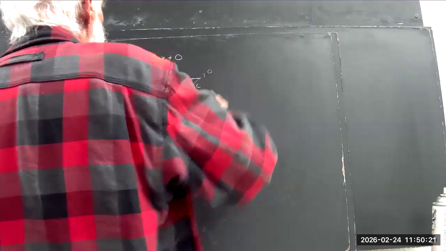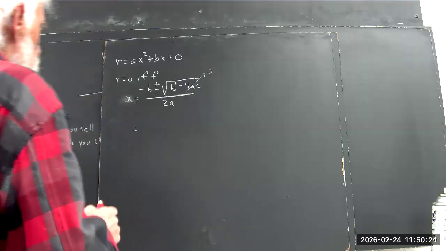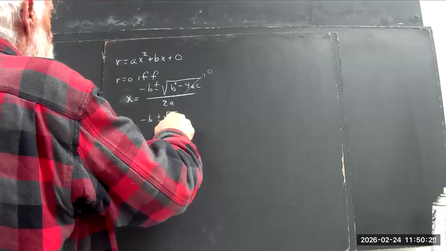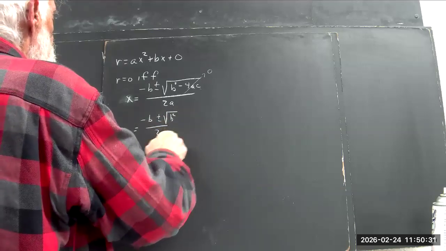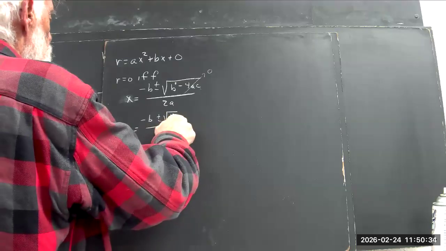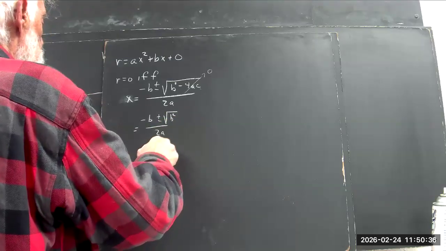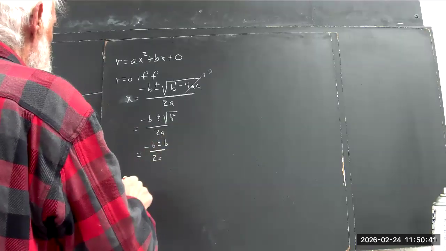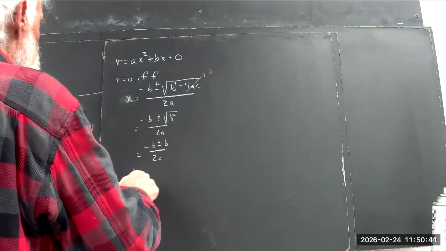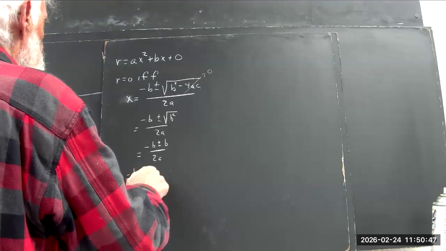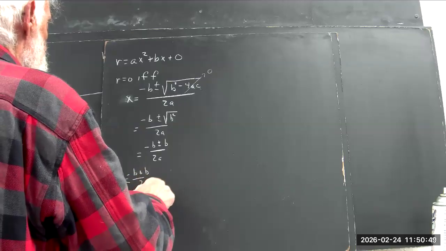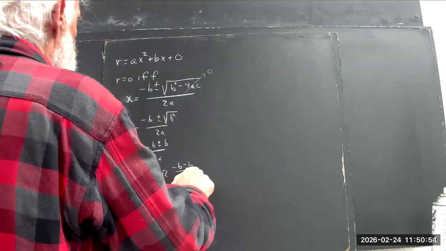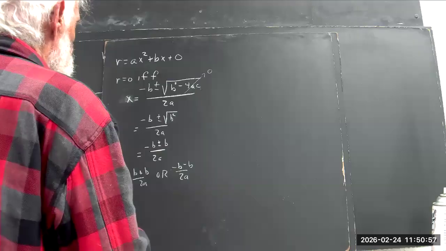So I'm just going to put a little arrow through that saying that that's 0. So this is just negative B plus or minus the square root of B squared over 2A. And of course, the square root of B squared is just B, so it's negative B plus or minus B divided by 2A. Well, that equals negative B plus B over 2A, or negative B minus B over 2A.